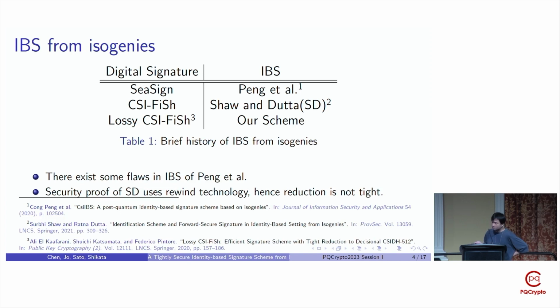CSI-FiSh is the first efficient isogeny-based signature, and Lossy CSI-FiSh provides tight security in the single user setting. There are some flaws in the security proof of the IBS proposed by Peng and others. The security proof of Shaw and Dutta, which we denote by SD, used the ring technique, hence its security reduction is not tight.